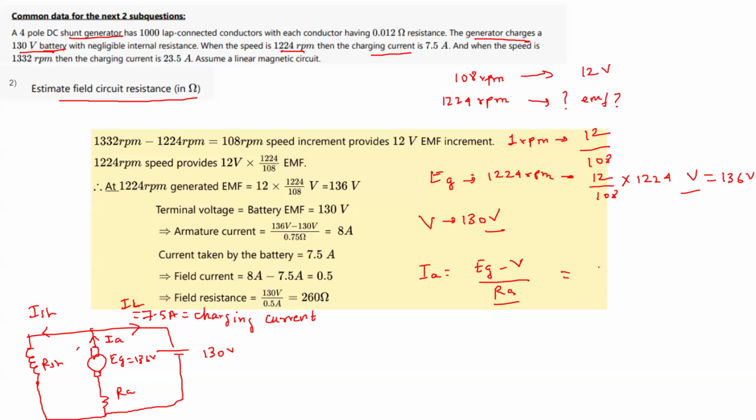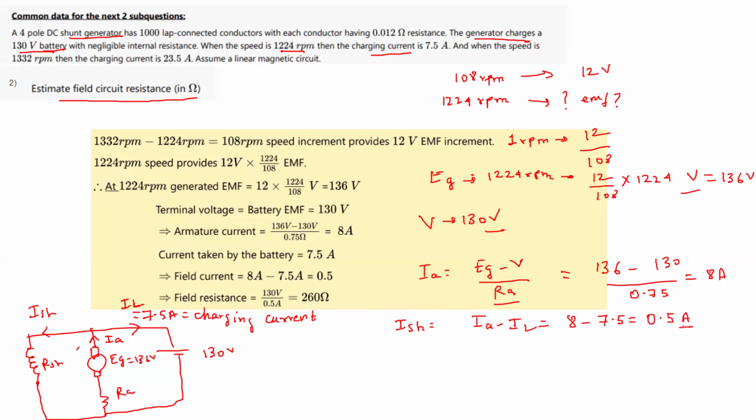So EG is 136, minus V 130, and RA we have found from the previous question. So this comes out to be 8 ampere. Now we know that I shunt is nothing but IA minus IL. So this is 8 minus 7.5. So this comes out to be 0.5 ampere.